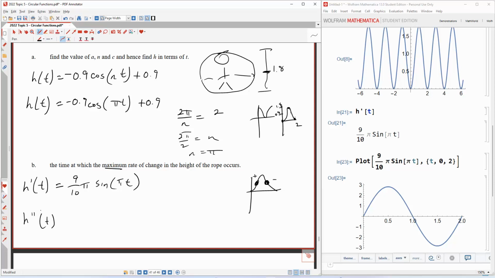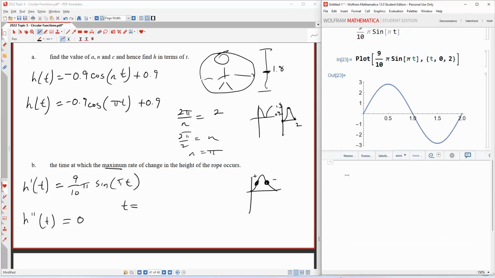We're going to say, when is the second derivative, i.e. the derivative of the derivative, equal to 0? And it's going to be at this point here, which we can see is 0.5 and 1.5. So I'm going to set the second derivative to 0 and ask it to solve for me.